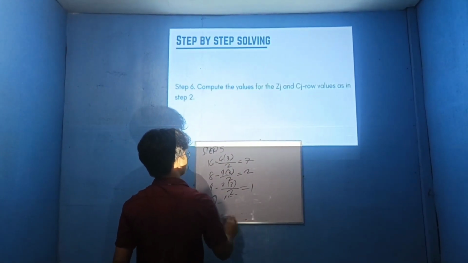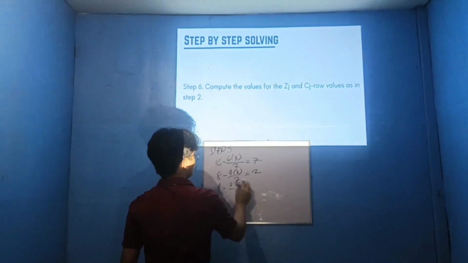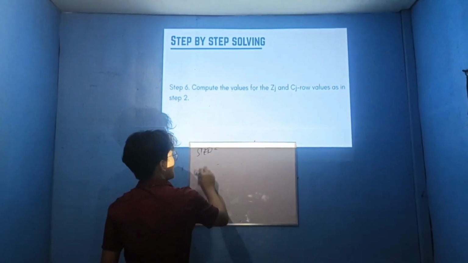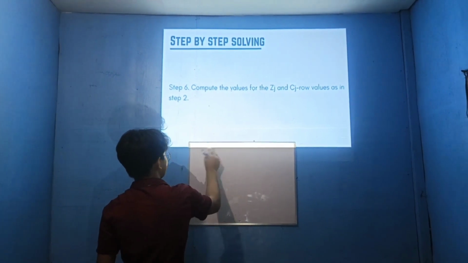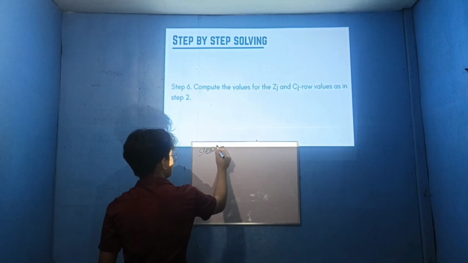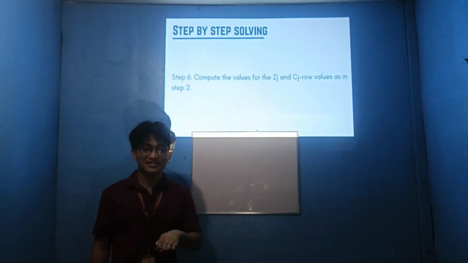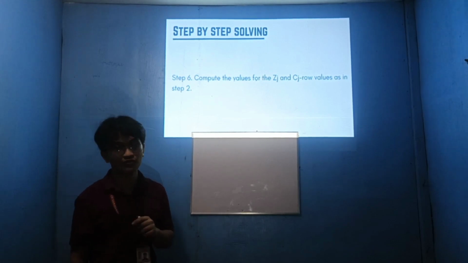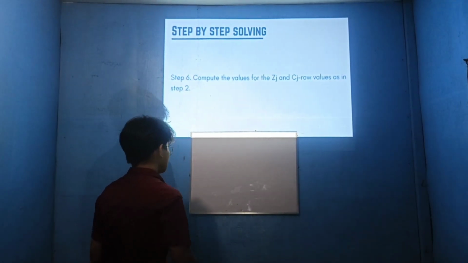For step 6, compute for the values for the zj and cj row values as in step 2.